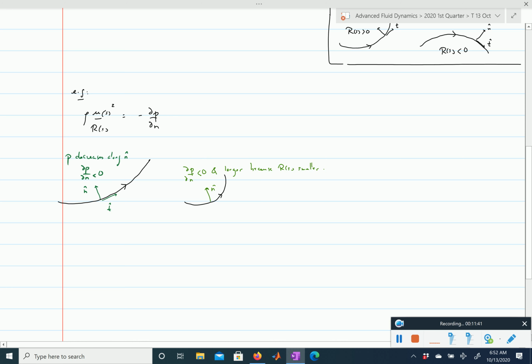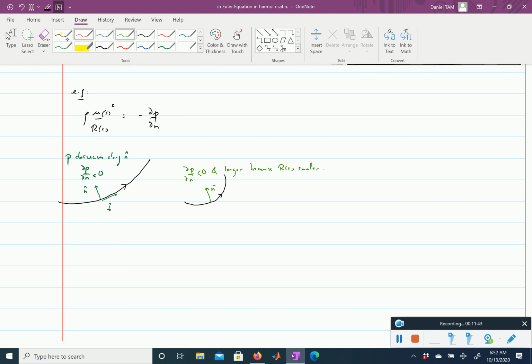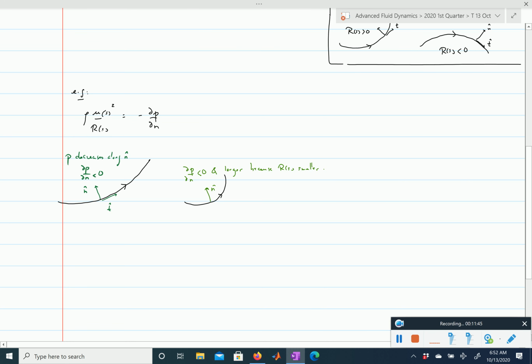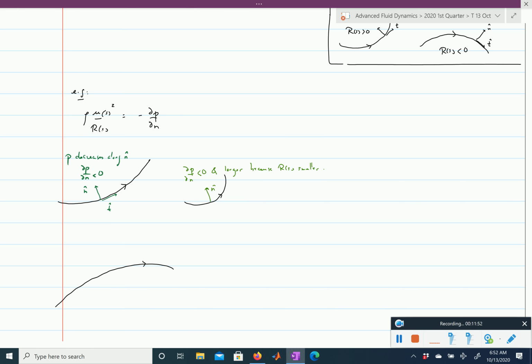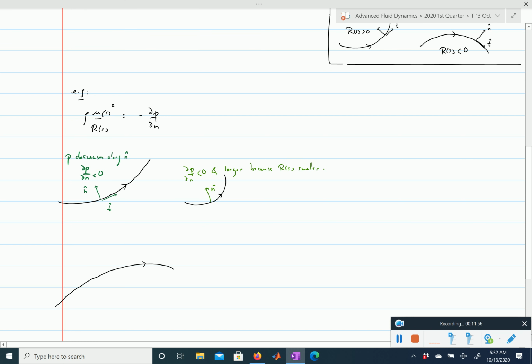Now conversely, if you have a streamline which goes the other direction, so if you have a streamline in this direction, then at any given point we can define our streamline coordinate system. And so in this case, you see here our radius of curvature is negative, while here it was positive.